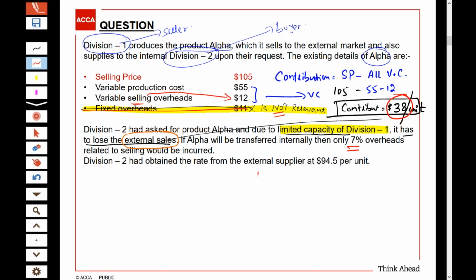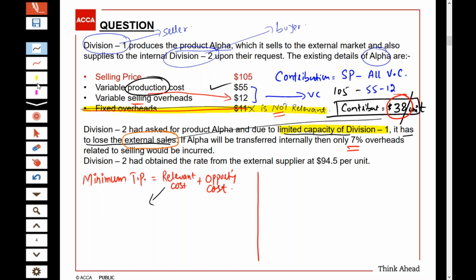Now, see what I am doing. What is the minimum transfer price? Minimum transfer price is calculated as relevant cost plus opportunity cost. And what is the relevant cost? Yes, 55 will be taken because it is the production cost. Obviously, this will be counted because it is a production cost.